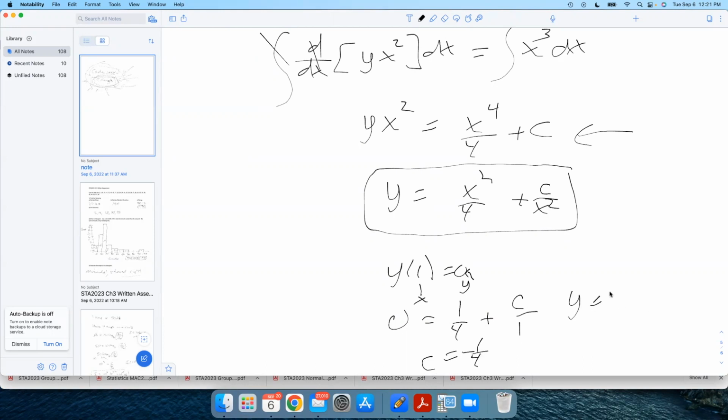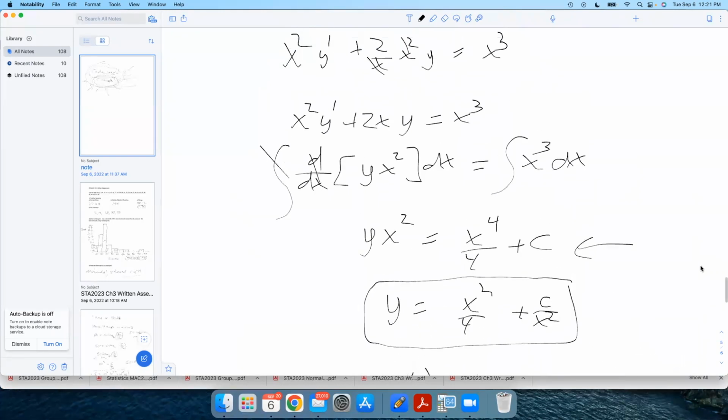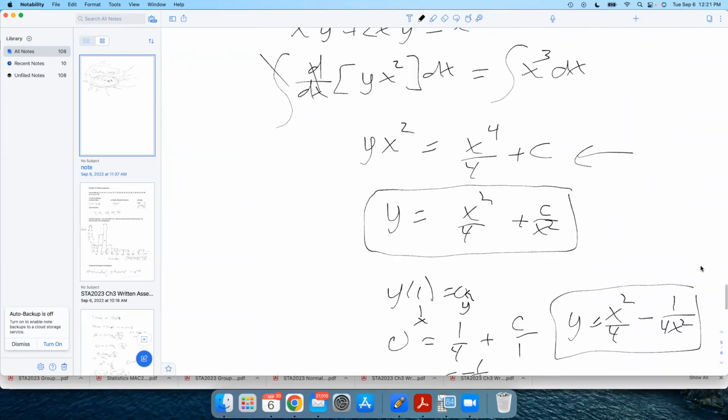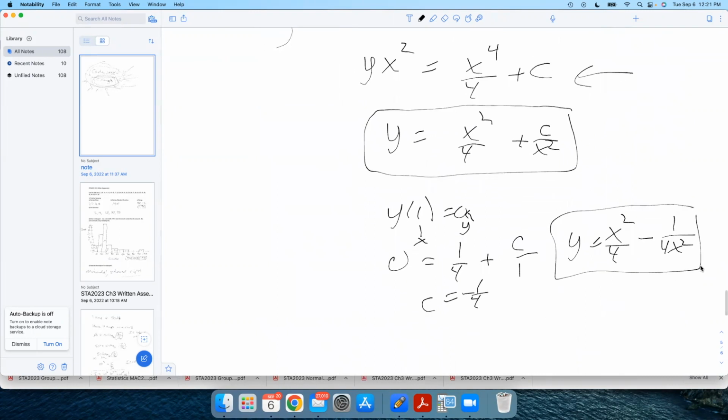So our particular solution looks like this. Now let's check that. Say this was a test question. Here's all the work. Pretty much everything you see here is required for complete credit.